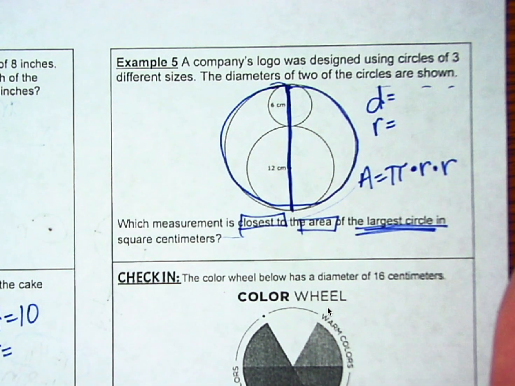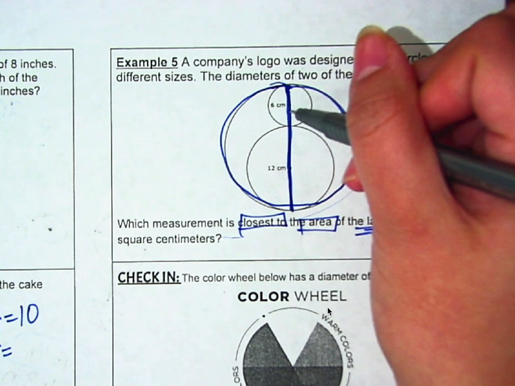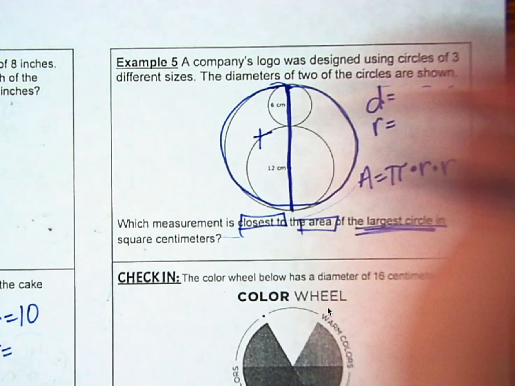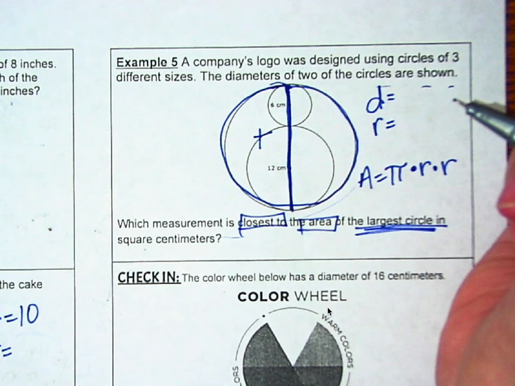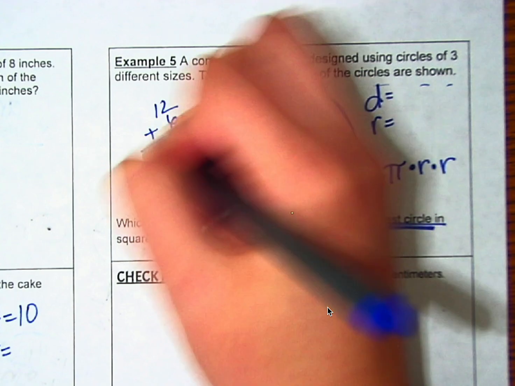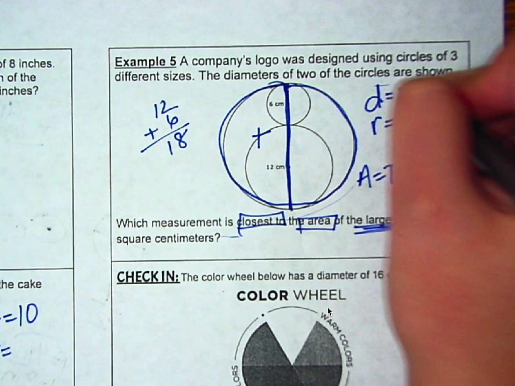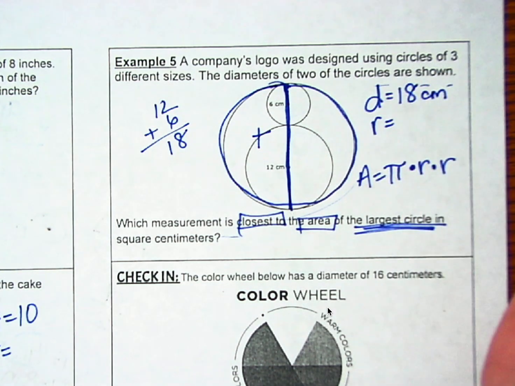We're going to use these 2 little circles, right? We're going to have to add these 2 little circles to get my diameter of the biggest circle. So 12 plus 6 is 18. So now I found my diameter of the largest circle.